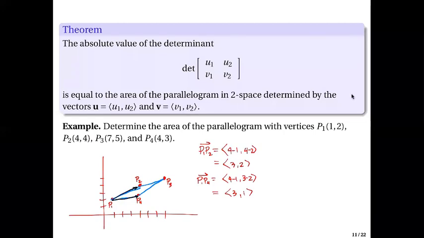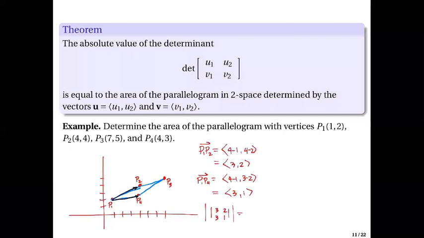And therefore, the area of the parallelogram is just the absolute value of the determinant of this. So, absolute value of the determinant of 3, 2, then 3, 1.